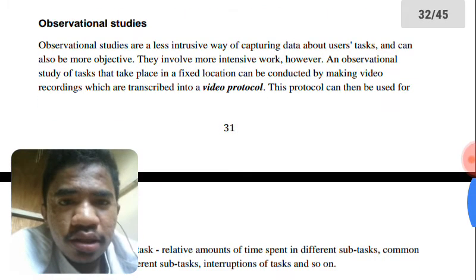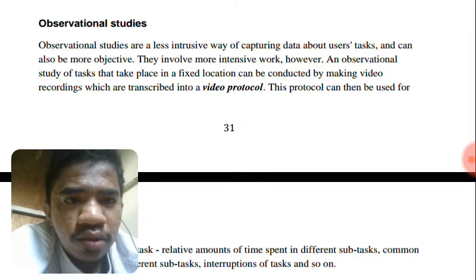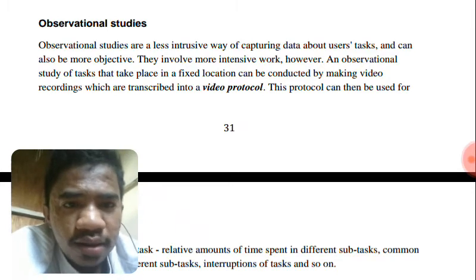Observational studies. Observational studies are a less intrusive way of capturing data about user tasks and can also be more objective. They involve more intensive work. However, an observational study of tasks that take place in a fixed location can be conducted by making video recordings, which are transcribed into a video protocol.